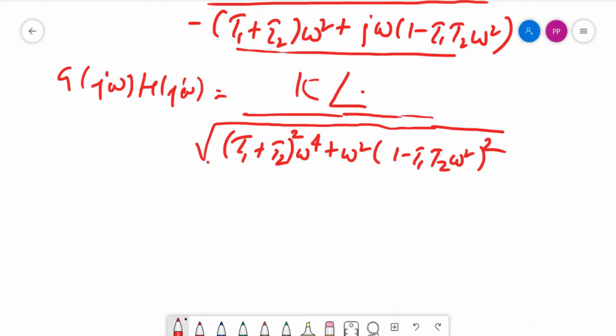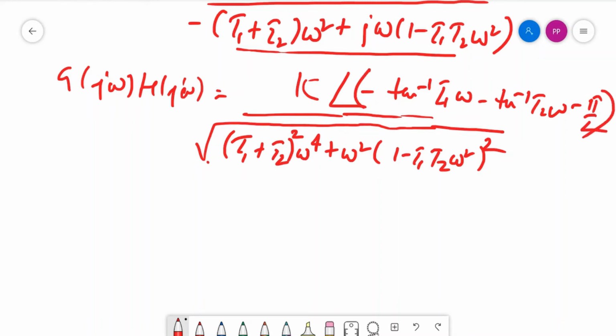Above it we have already estimated the phase: minus tan inverse of tau 1 omega, minus tan inverse of tau 2 omega, and minus pi by 2. So we can give the bracket for clarity.